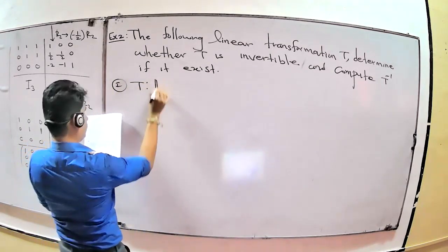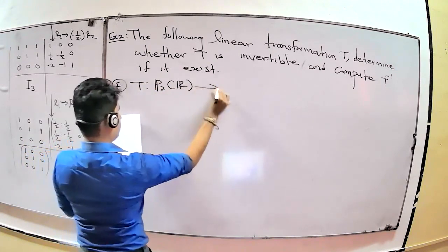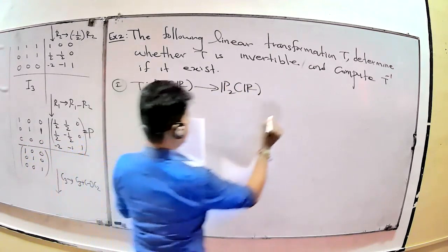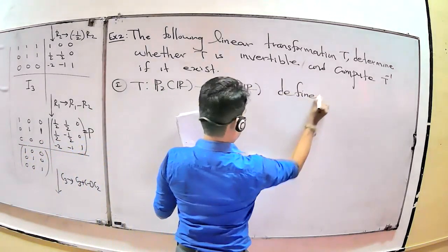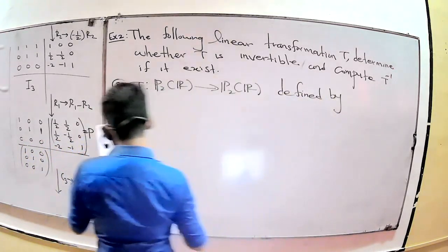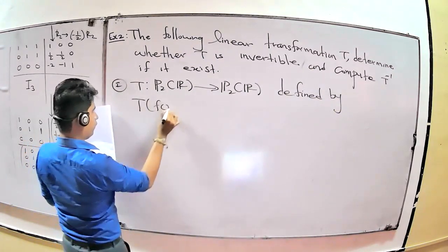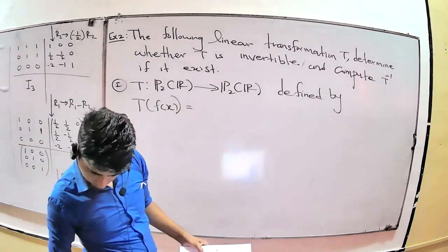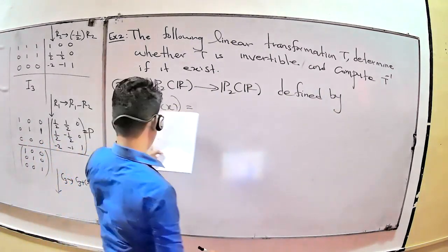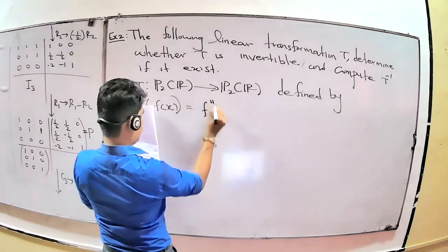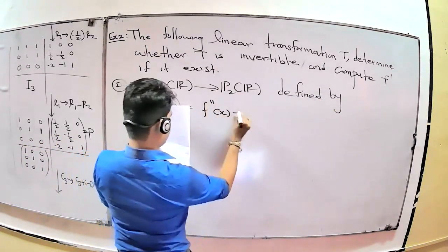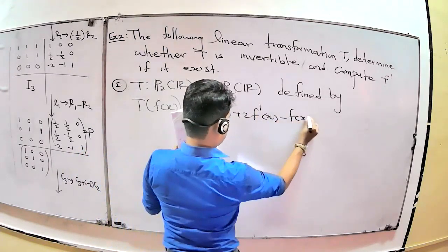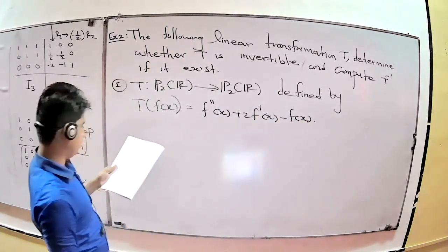T from P2 real number, P2 of the real numbers, defined by T of f(x) equals f double dash of x plus 2 f dash of x minus f(x).